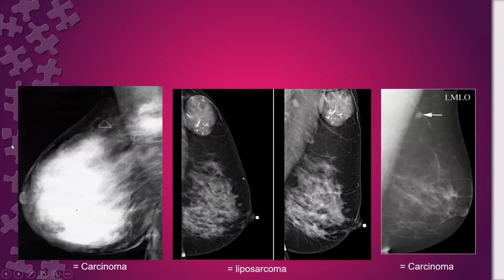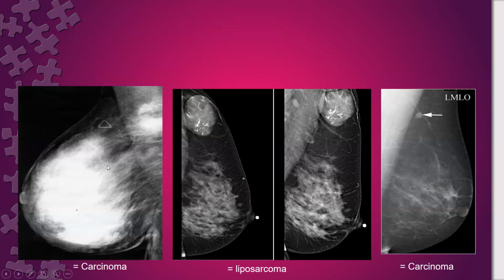That is why I brought this example. Here is a hint: irregular. What is the difference between this and the previous? This is continuous with the parenchyma. And there is a highly dense irregular mass projecting over the pectoralis muscle.